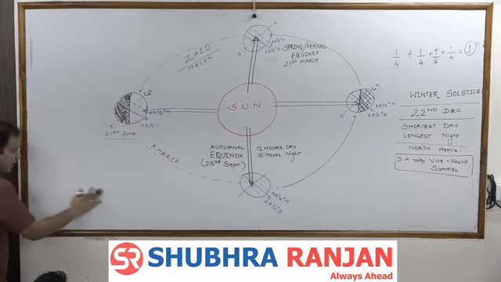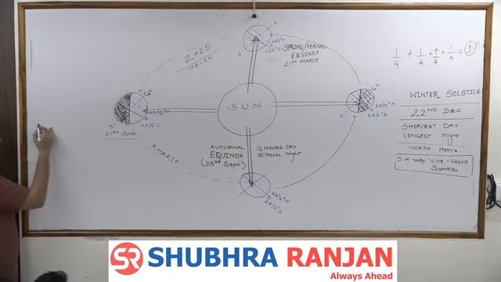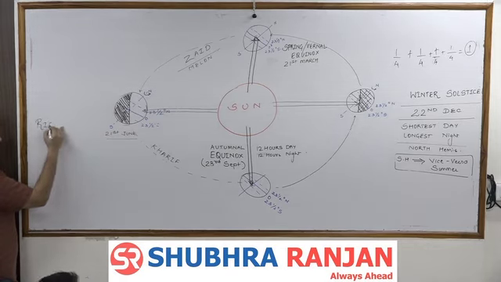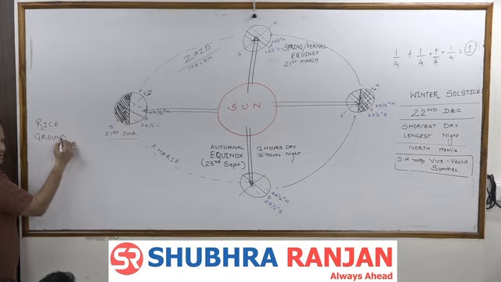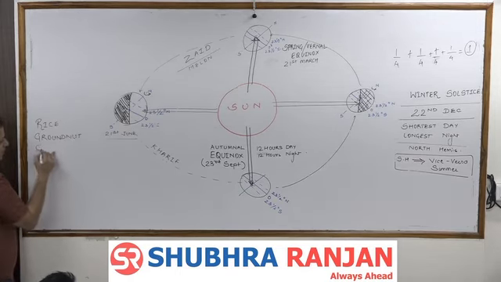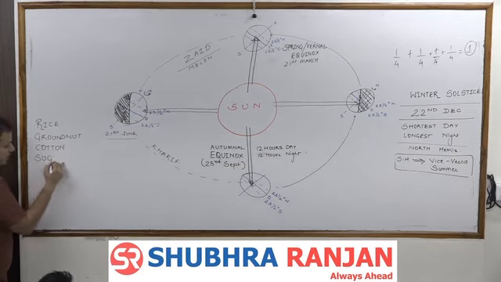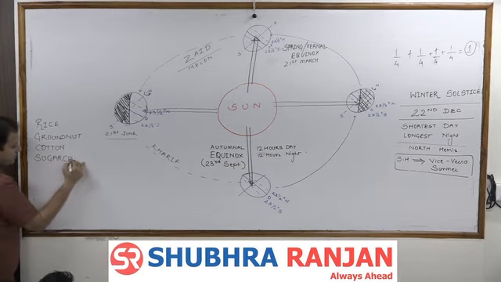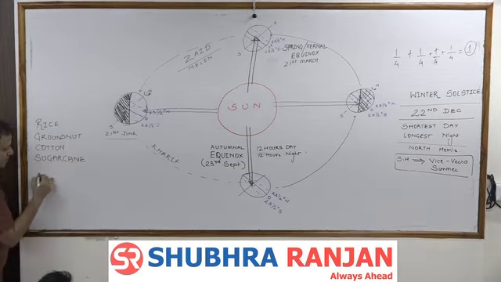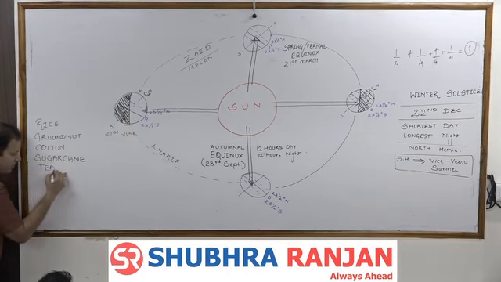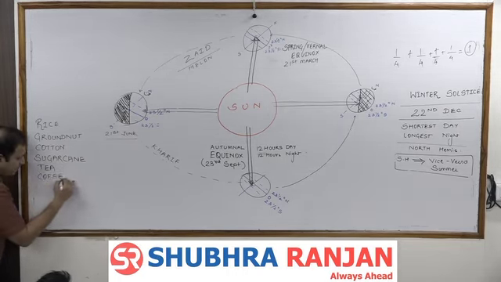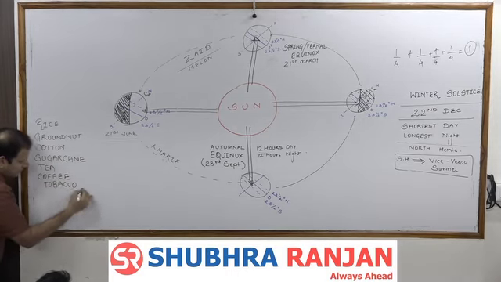Now what is this Kharif? What are the important Kharif crops in India? Rice, groundnut, wheat? No. Cotton, sugarcane, maize, or take important crops, tea, coffee, tobacco, XYZ.